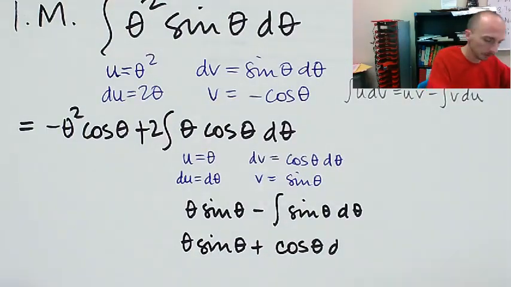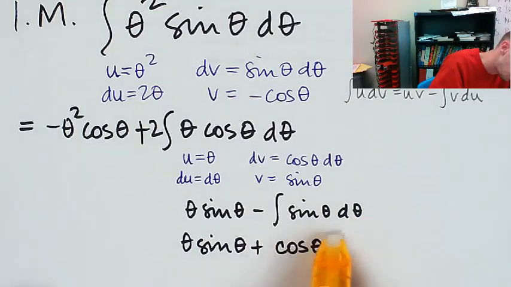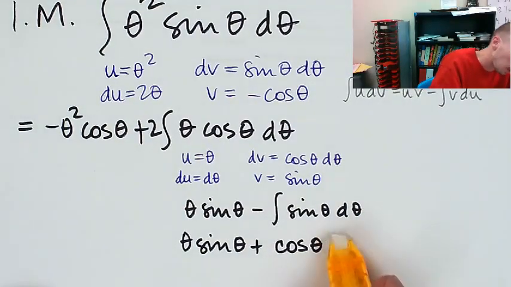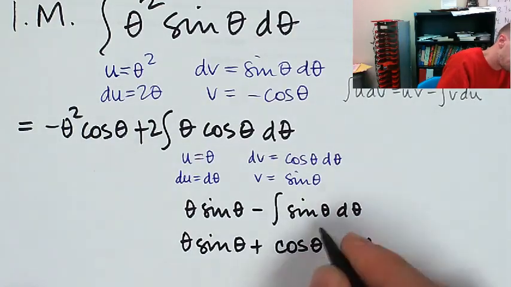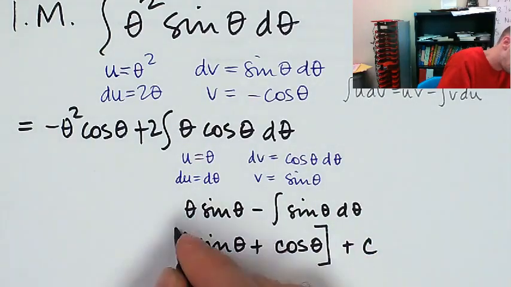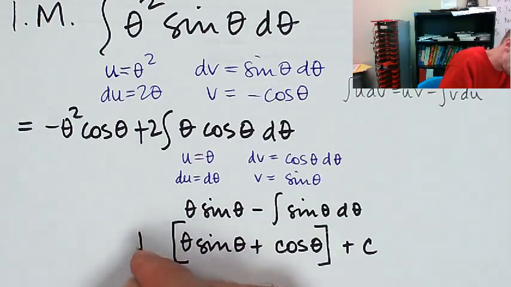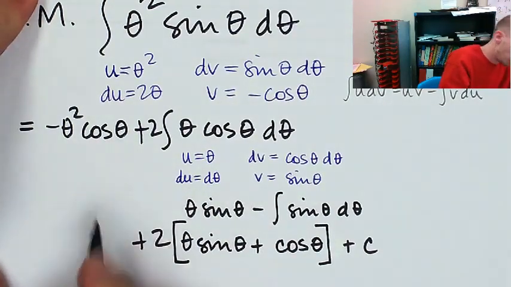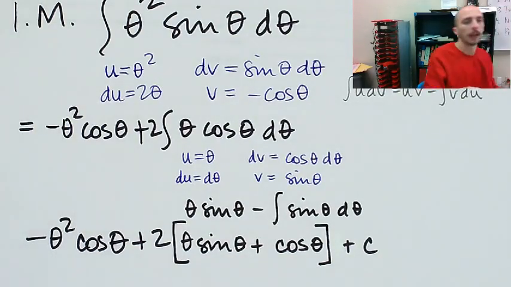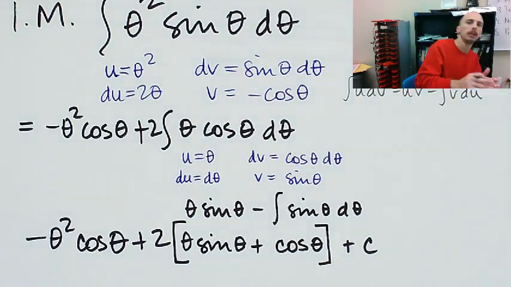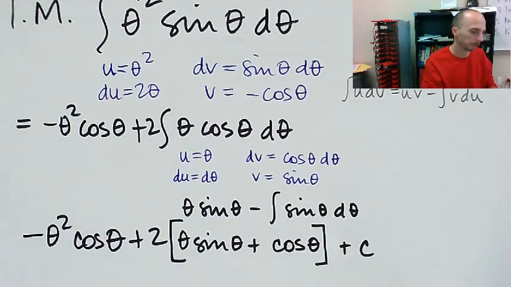No d theta there, no need. Already integrated. But I will put in a plus c. But this is the thing that we are adding 2 of to this negative theta squared cosine theta. And there we go. That was all of the algebraic drill problems.